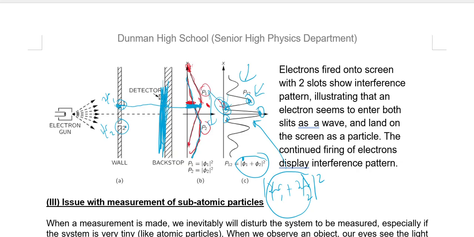And for me to produce this nice interference pattern, because we think of the electron as a wave function, the interference of the wave function 1 and 2 will give me Ci here and Di here. Okay, mathematically it's represented by this, right? The original wave function of P1 and P2 is actually represented by this and this, right? Which is actually psi 1 squared and psi 2 squared.